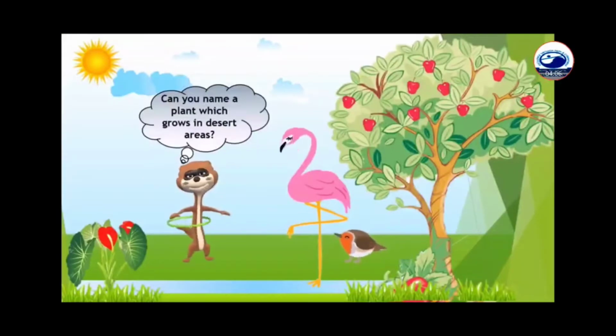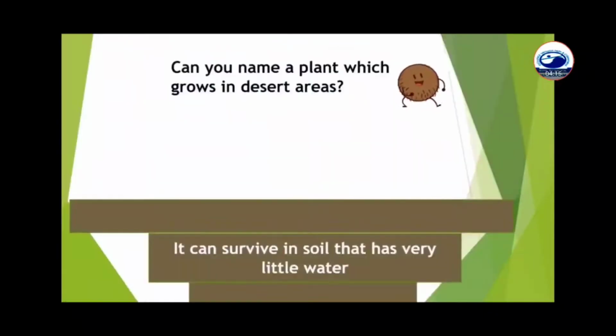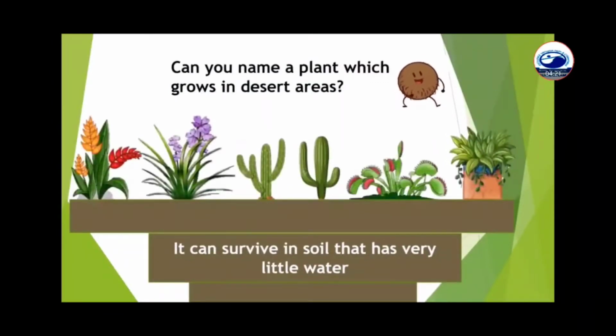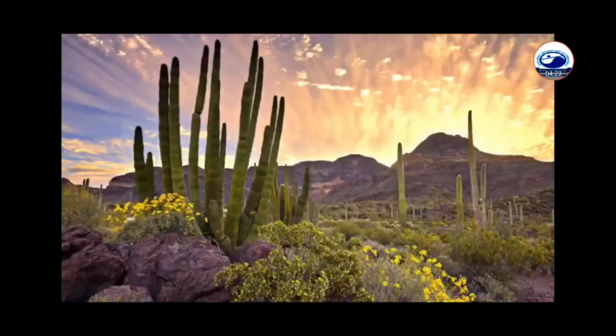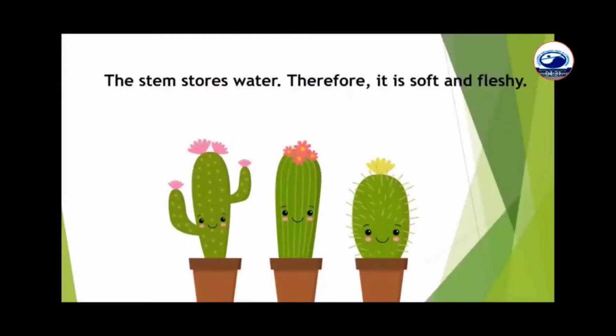Can you name a plant which grows in desert areas? Can plants grow in desert also? Cactus grows in a desert. It can survive in soil that has very little water. It has a green stem and well-developed roots.